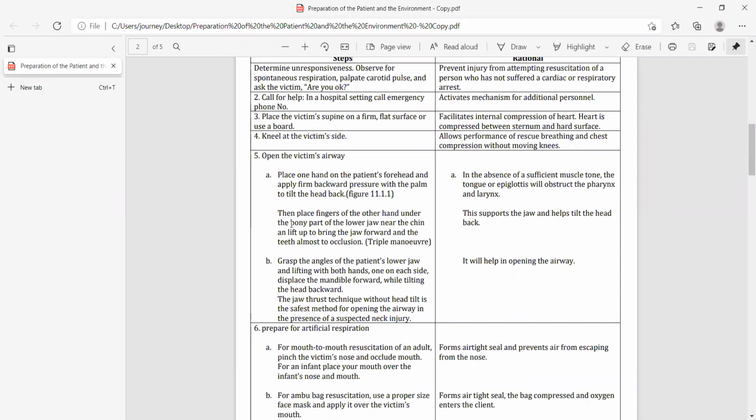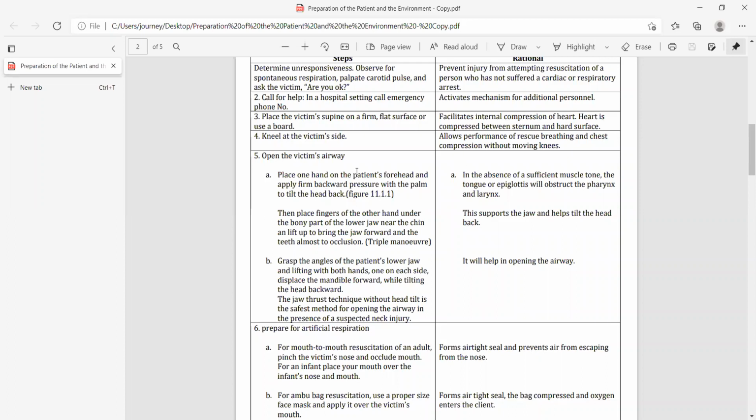Open the victim's airway. So now let us see how we can open the victim's airway. Before performing resuscitation, we should always follow all these steps which I keep on explaining. So place one hand on the patient's forehead. I already explained this.